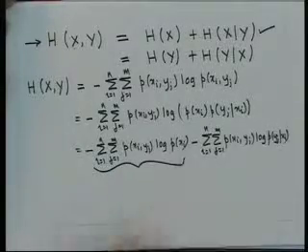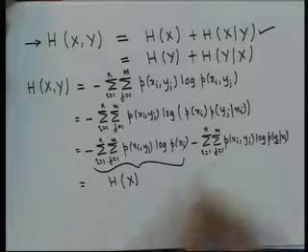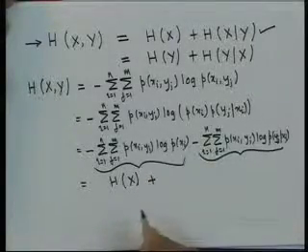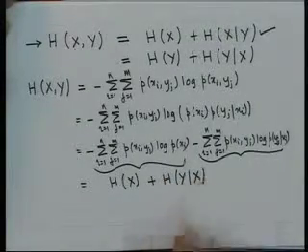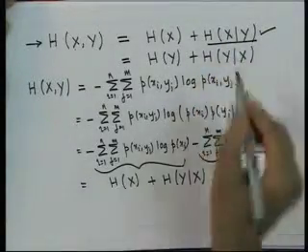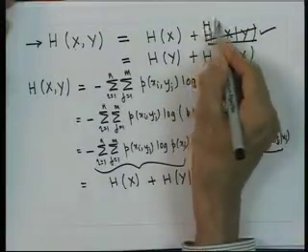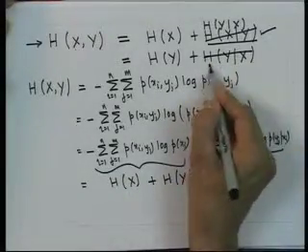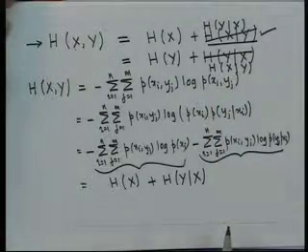Now, this quantity out here is nothing but your h x, and this quantity is by definition h of y given x. Sorry, this quantity out here should not be h x given y, but should be h of y given x, and similarly this quantity should be h of x given y, correct.